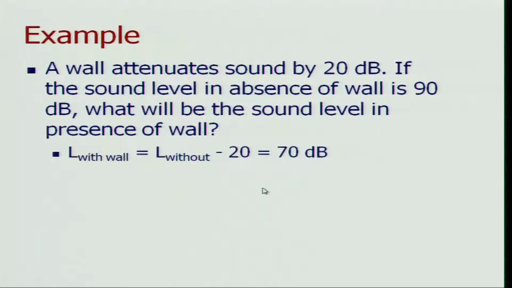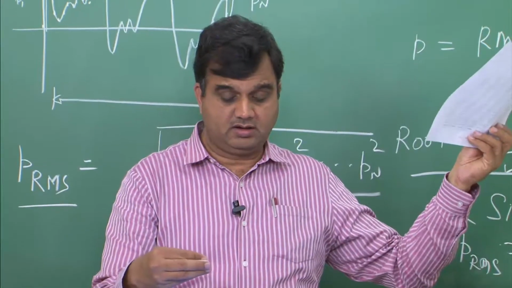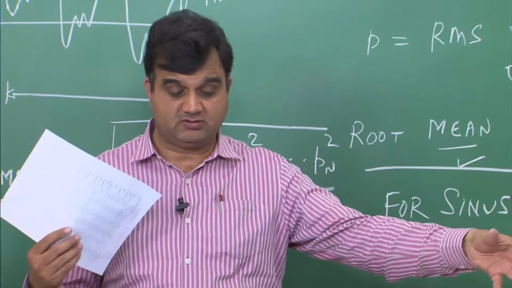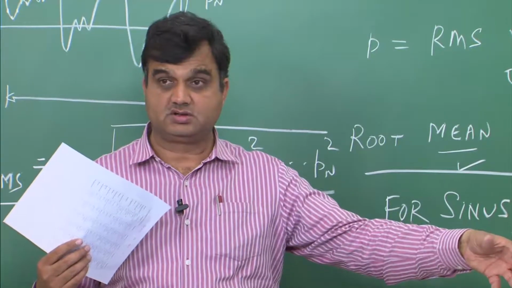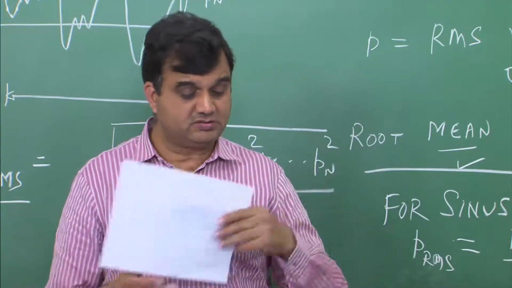Okay. Another example. There is a wall which attenuates sound by 20 decibels. There is a sound coming from here. Initially there is no wall, and I measure the sound pressure level here. Let's say it is 90 decibels.